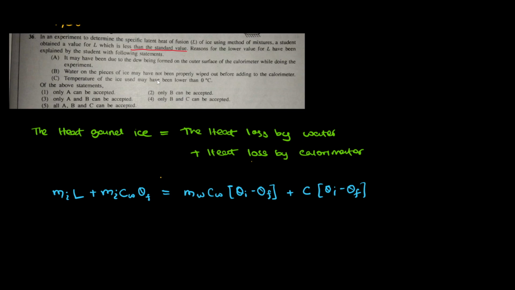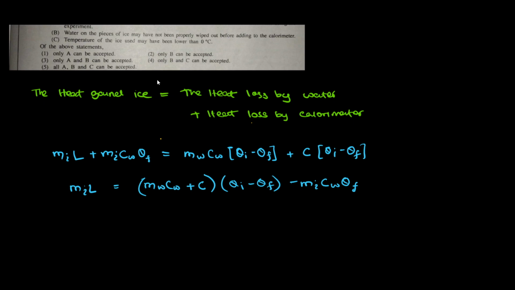Now we want to calculate L. So Mi L is equal to, let's take this common, Mw Cw plus C into theta initial minus theta final, minus Mi Cw theta final.